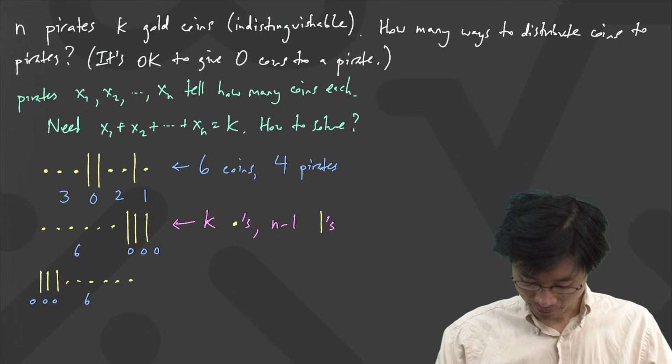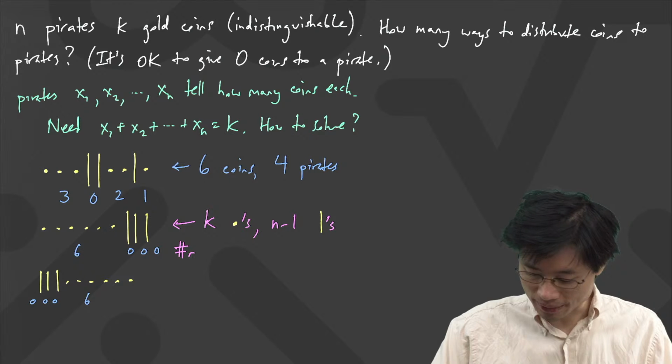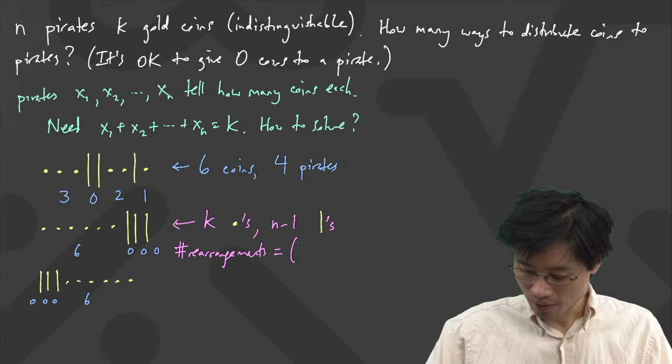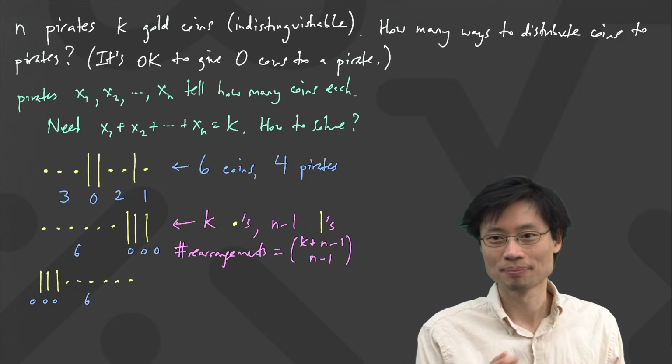I said choose n minus 1. Choose n minus 1, okay. So the number of rearrangements is equal to, all together, k plus n minus 1 slots for putting things, choosing n minus 1 of where I put those vertical bars.